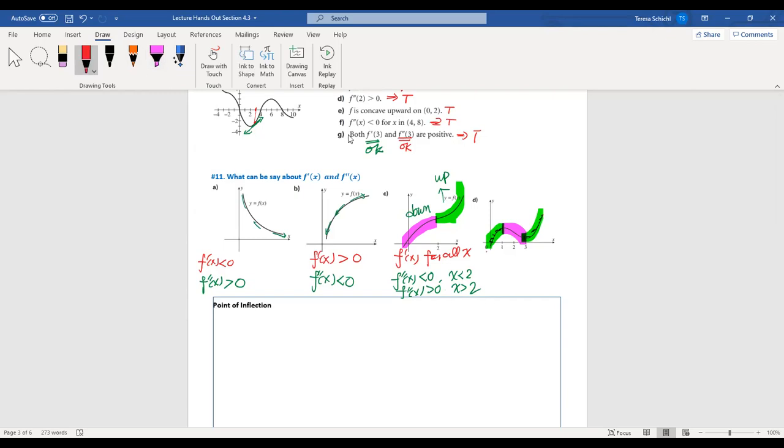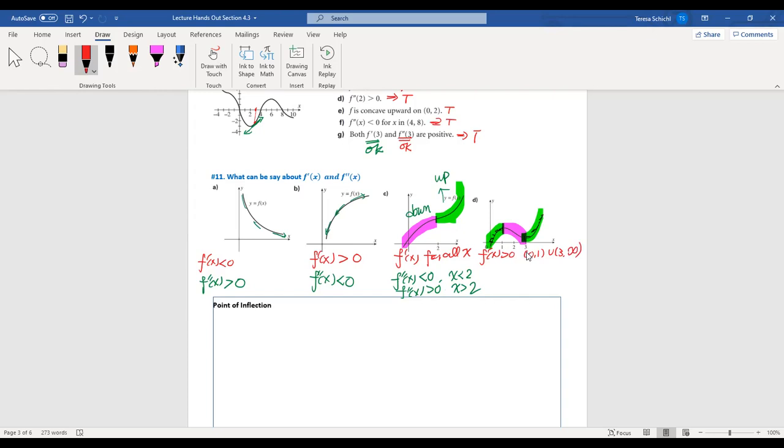So I know f prime increasing is what? It's greater than 0. So where is that? From 0 to 1, and 3 to where? 3 to infinity here, right?